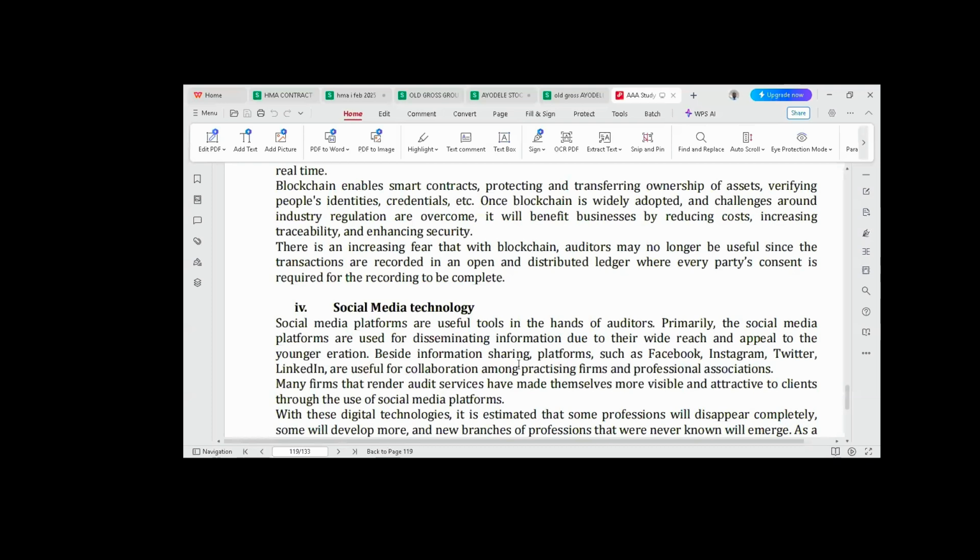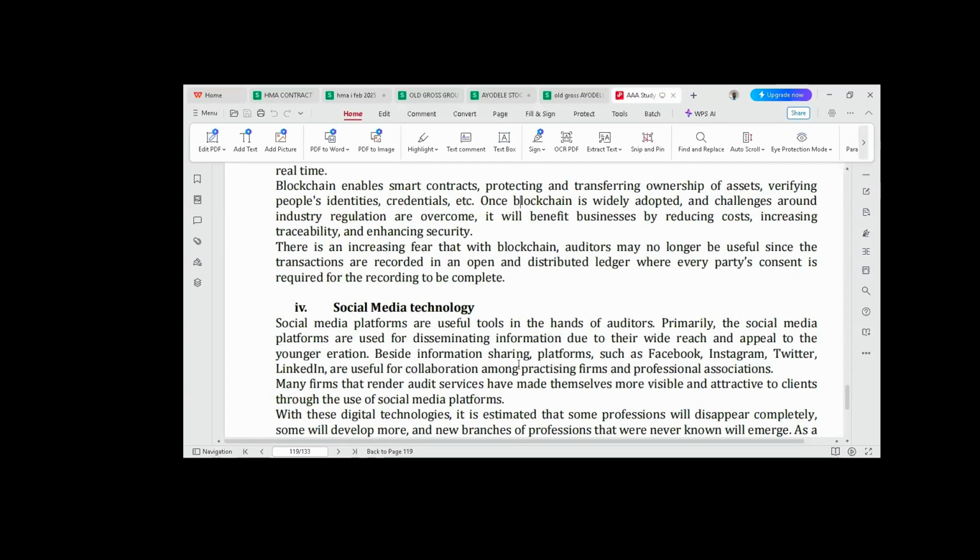Just about two months ago, I can send a message on the WhatsApp platform and on their social media handles that you don't need to come to their office to carry out any transaction any longer. All you need to do is to access whatever information on their social media handles.